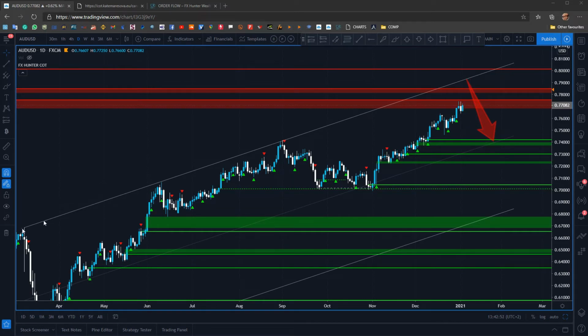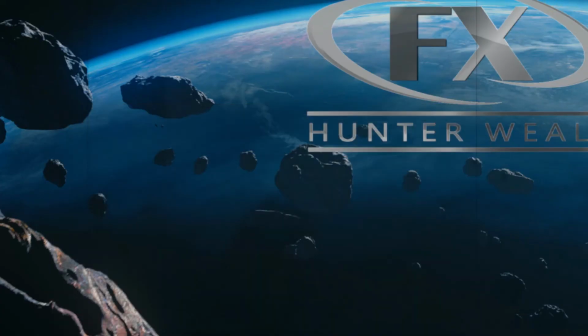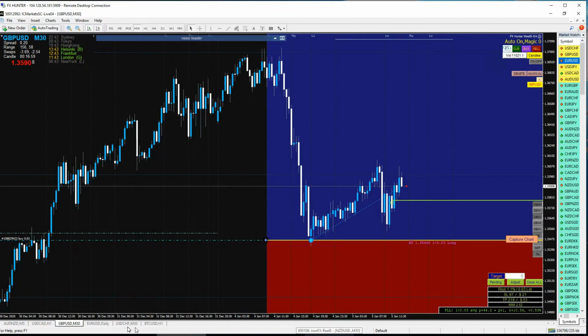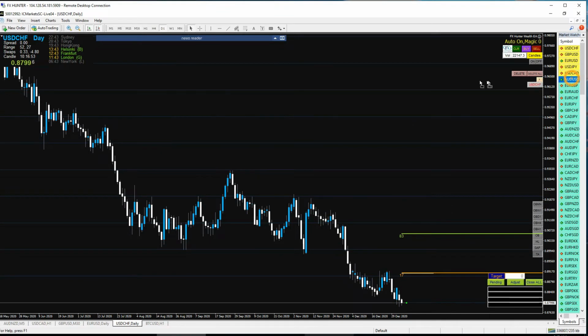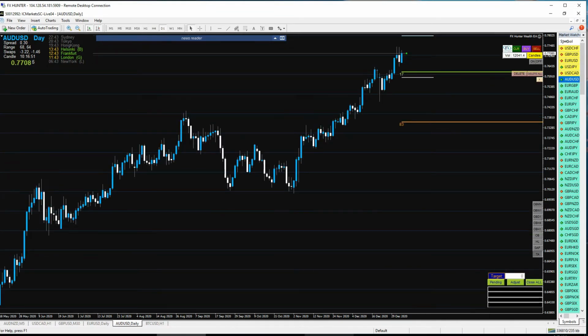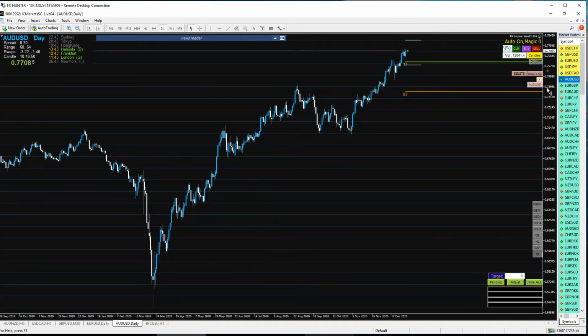So again, we have the channel. This channel on the daily could be perfectly traded again by using my tool. So I will simply go to this one, and it's actually the Aussie. And here is what I want to do on the Aussie. I have it on the daily.